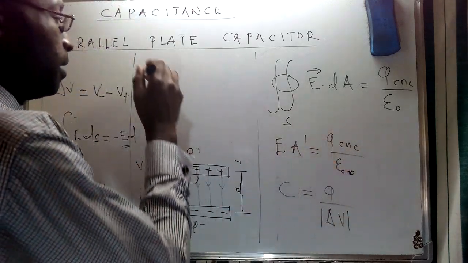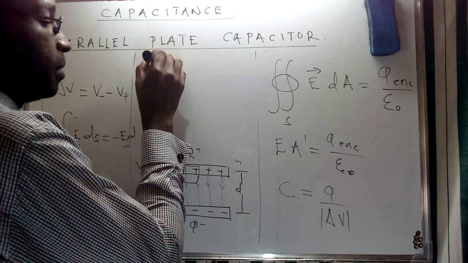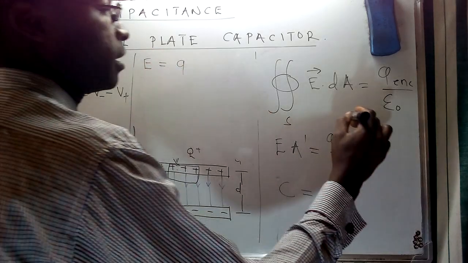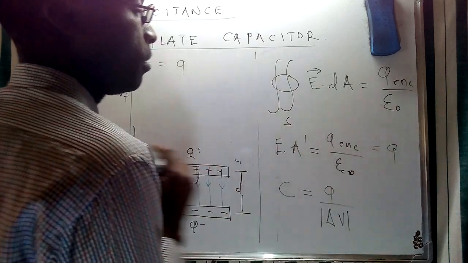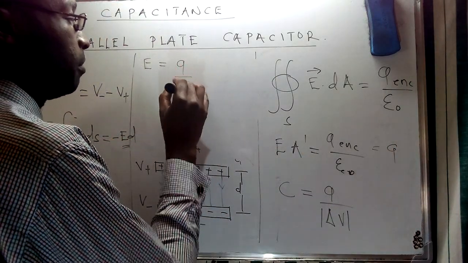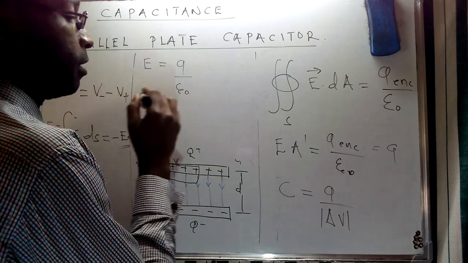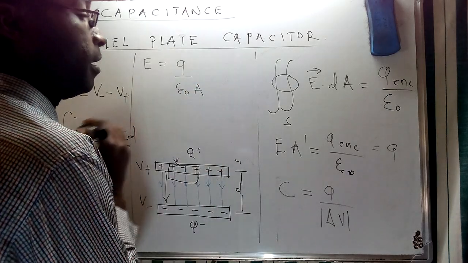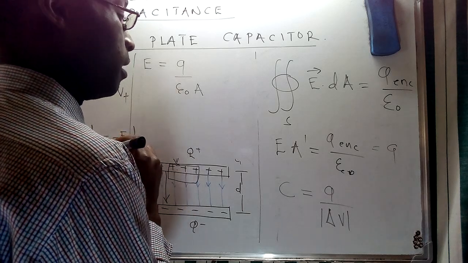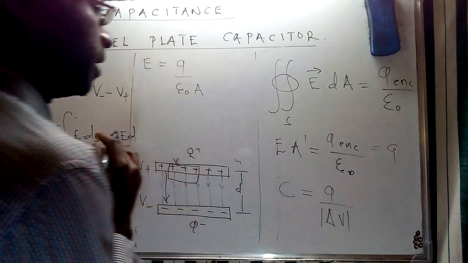So we're going to have E represented as Q. I'm going to assume Q enclosed is equivalent to Q, just maintain it as that. So we're going to have this represented as Q over epsilon naught A, and then this one over division over. In this case as well, I'm just going to have this one represented as such.